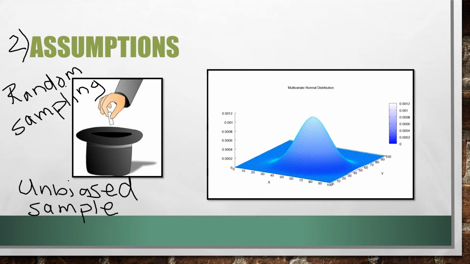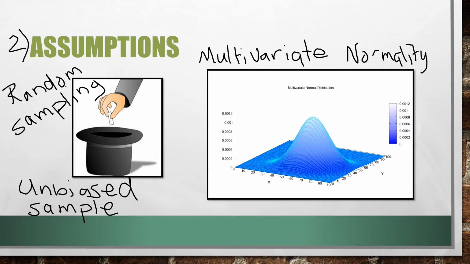And the second thing for correlation is multivariate normality, and we're used to just regular normality. You're like, well, what is multivariate normality? Well, before, we were only considering one scale variable at a time.